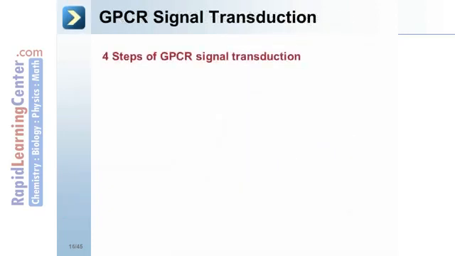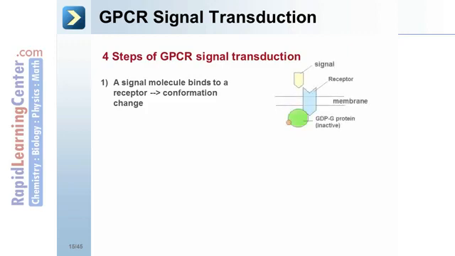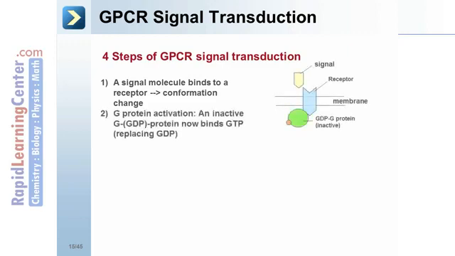GPCR signal transduction. 4 steps of GPCR signal transduction. 1. A signal molecule binds to a receptor, inducing a conformation change. 2. G-protein activation.